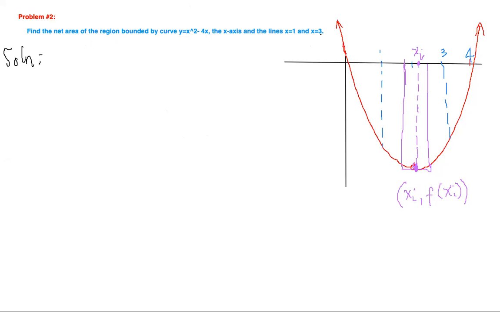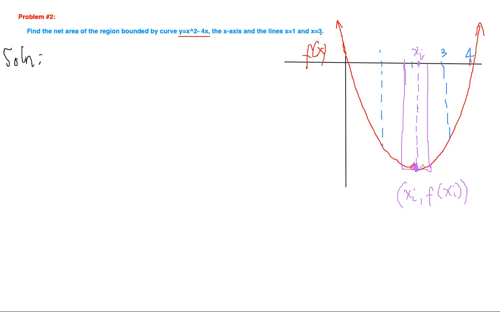Before we solve the area, we need to sketch the graph of the given curves or lines. We have y equals x squared minus 4x. This is a quadratic equation, which means the graph is a parabola. This is our f of x, equal to x squared minus 4x.